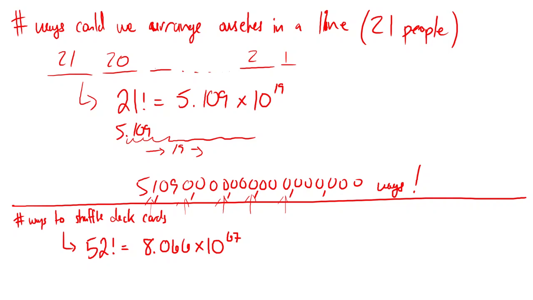How long have we had playing cards as humans? Let's be generous, maybe a millennium, 1,000 years. I don't even know if we have, but let's say we've been playing cards for 1,000 years.